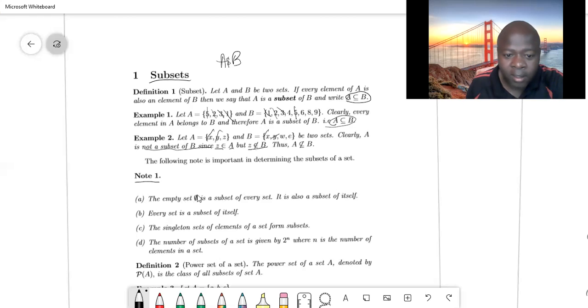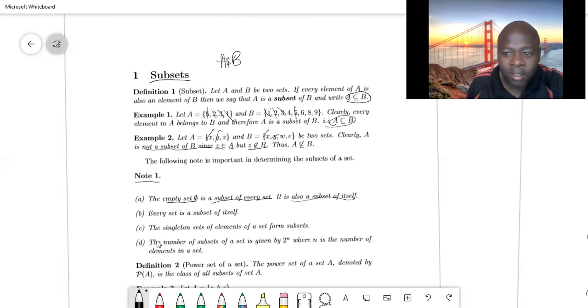The first thing that we must know is that the empty set is a subset of every set and is also a subset of itself. So if you are given a set and you are asked to list the subsets, then the expectation is that the empty set is one of the subsets.